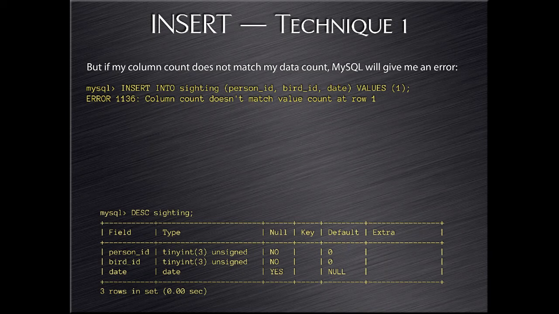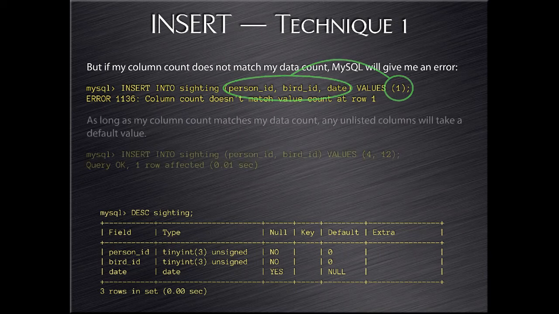And that's the gist or the heart and soul of this particular kind of error. So the column count is 3, there are 3 columns, and the value count is 1. There's only 1 data value there. So that's why I get that particular kind of error. So obviously 3 data columns, but 1 data value. So that's where my error is going to come from.